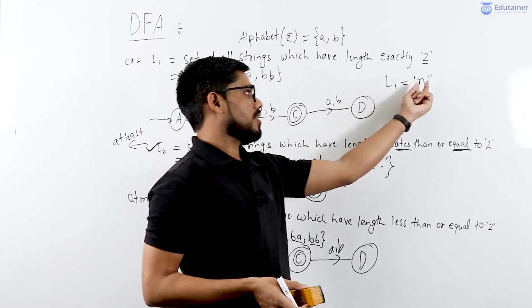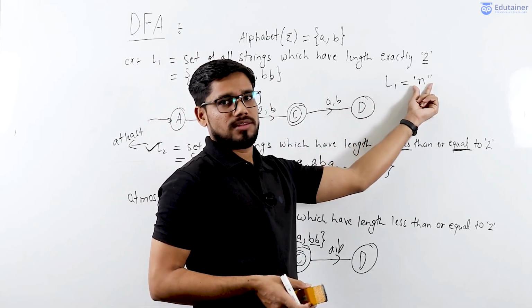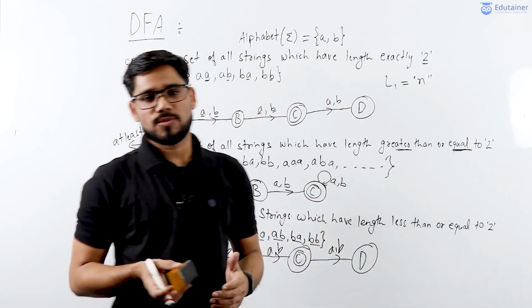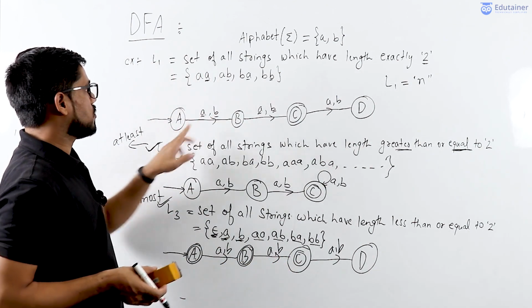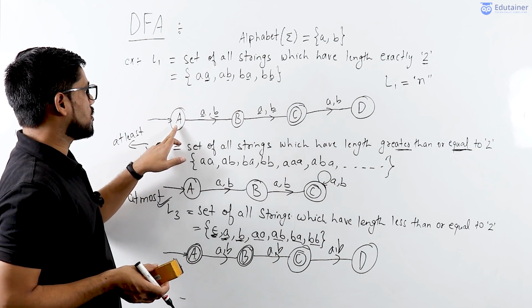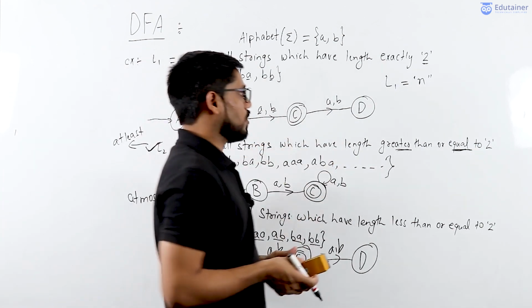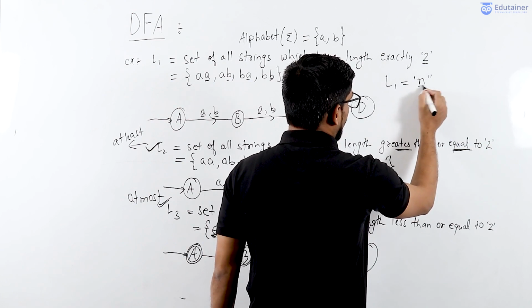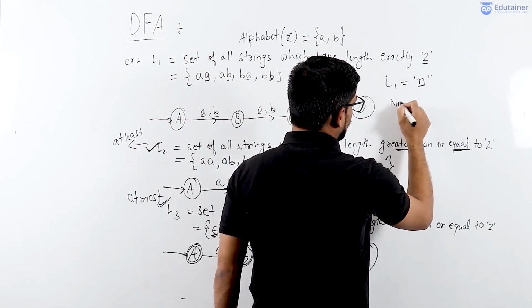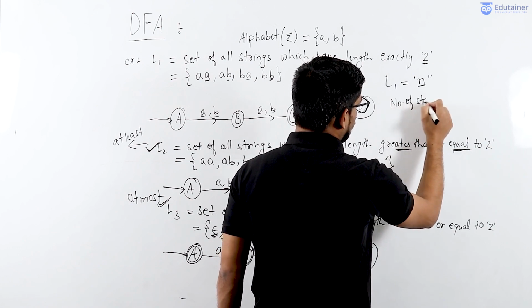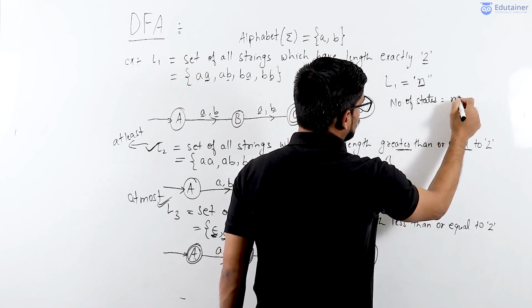If I give you a language which has exactly n length, what is the total number of states possible? You can easily count here. For 2 length strings, how many states are present? 1, 2, 3, 4. Total 4 states present. Means for n length strings, the total number of states possible will be n plus 2.